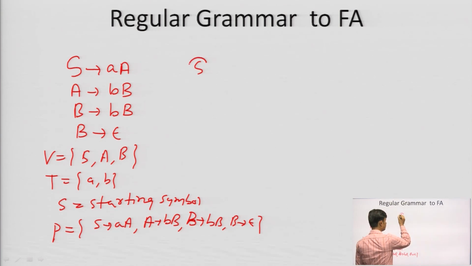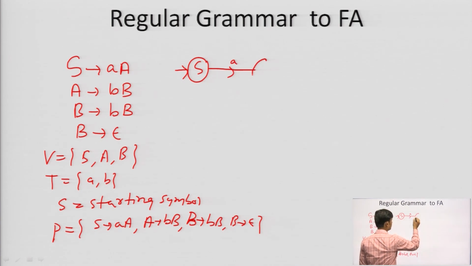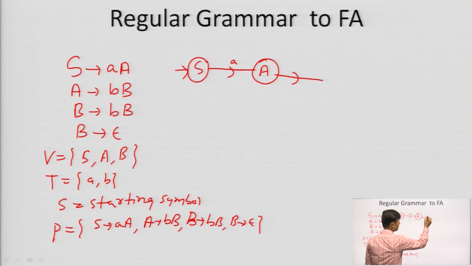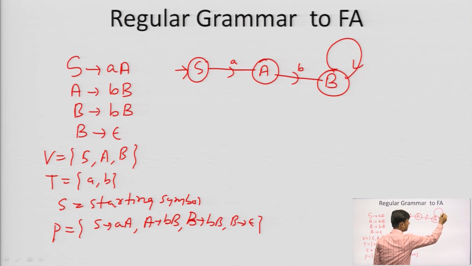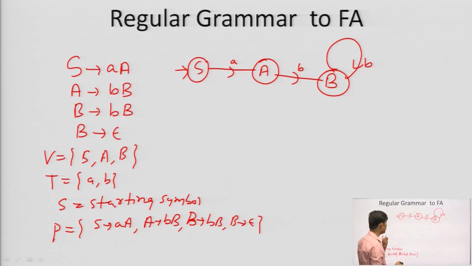Suppose S is the state which is the starting symbol; make it the initial state, and with input a it goes to capital A. Now from A, with input b, it goes to B. Again with input b, B derives small b, so when you take input b, it comes back to B. Now another production is there, B to epsilon.